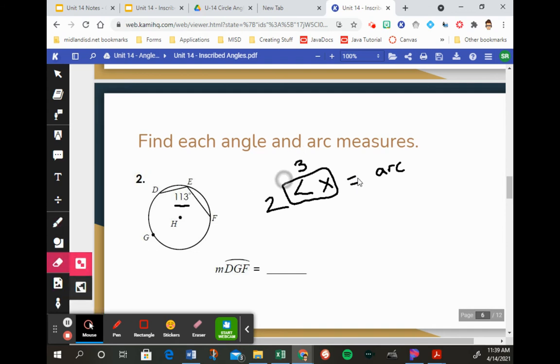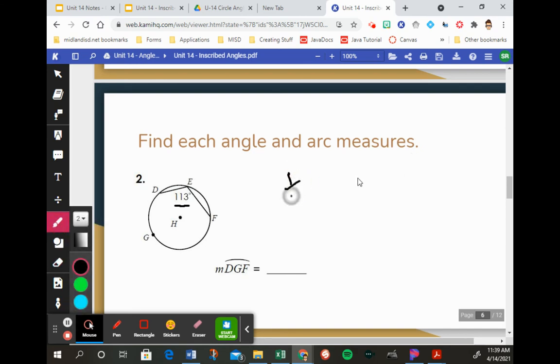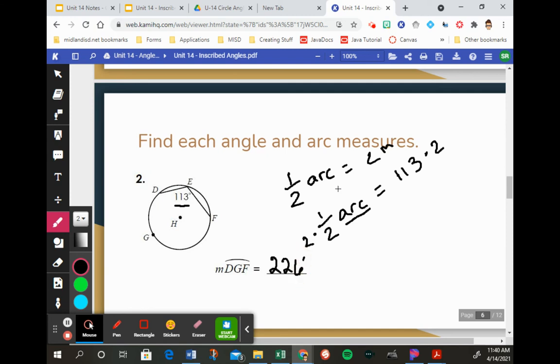Miss Rogers, you're wrong again. Yep, I made a mistake. My bad. 1/2 the arc is equal to the angle X. So 1/2 the arc is equal to 113. How do I figure out what the arc is? Well, to get rid of the 1/2, I multiply by 2. So that would be 226.